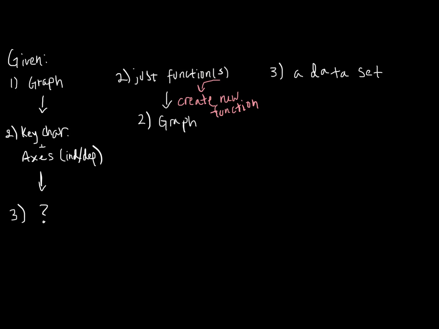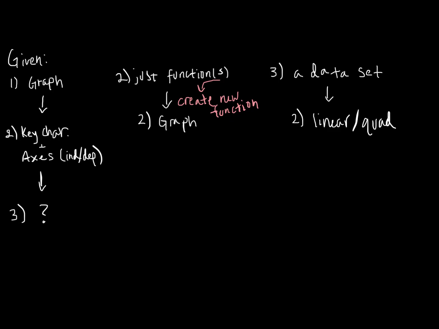And thirdly, if we're given a data set, before we can graph anything, we need to actually know, first off, what type of function might model this data set. So this is where we're deciding between linear and quadratic. Linear versus quadratic.